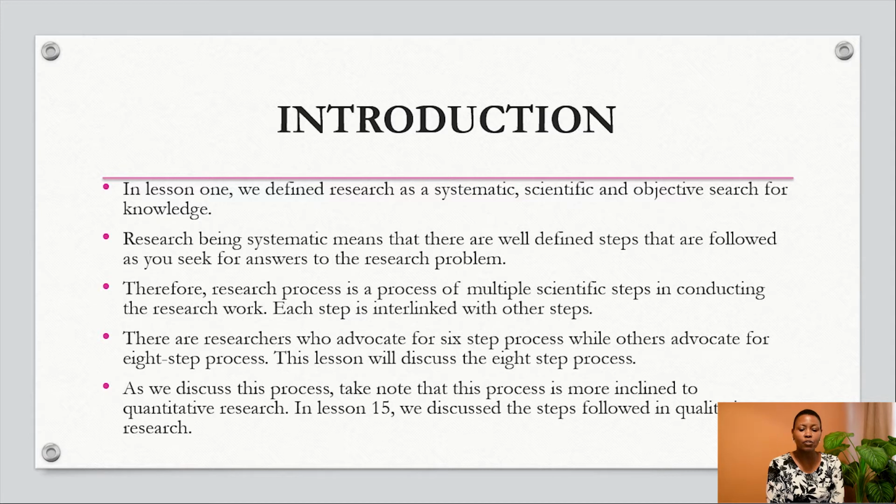Therefore, our lesson today will be discussing the research process, and the research process is defined as a process of multiple scientific steps that are followed as you conduct research. Please note that each step is interlinked with other steps. There are researchers who advocate for a 6-step process, while others advocate for an 8-step process. This lesson will discuss the 8-step process.